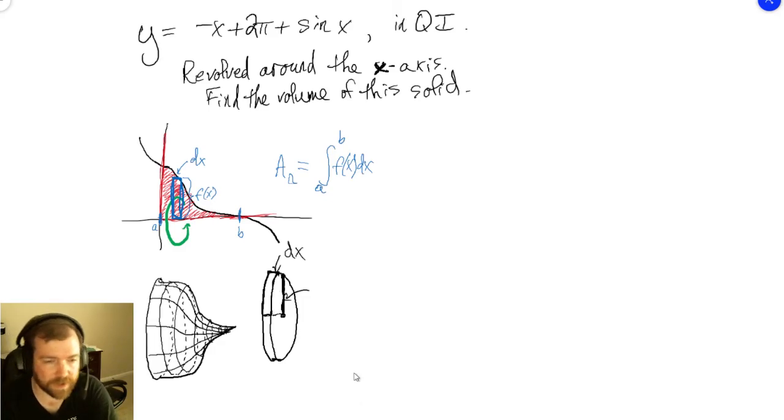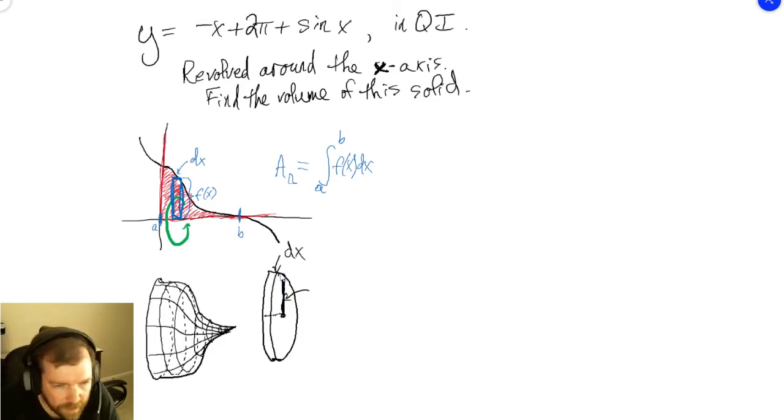I should probably write it in blue, because that would make it much easier. So this blue rectangle here corresponds with the blue rectangle up top.